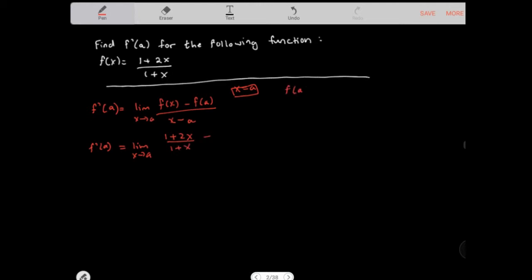So if I plug in f of a, you get (1 plus 2a) over (1 plus a), all over x minus a. Okay, you can notice here that as x approaches a, the denominator becomes 0 and the whole function becomes undefined. So we need a way to cancel out the x minus a.